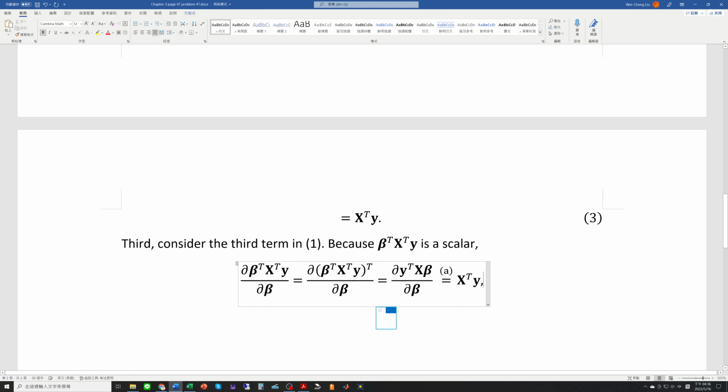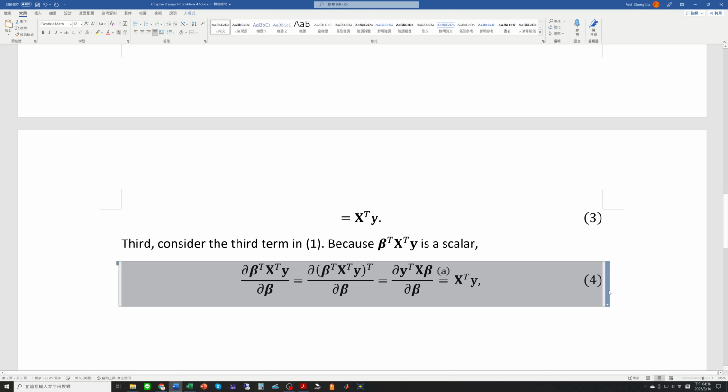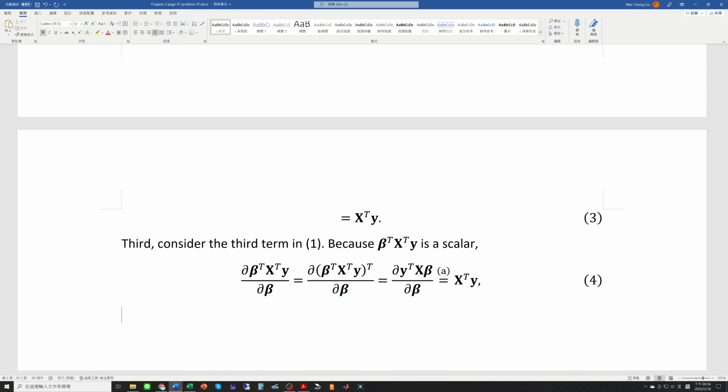So why is this equal to X transpose Y? First let us call this equation 4, where equality A holds because of equation 3.